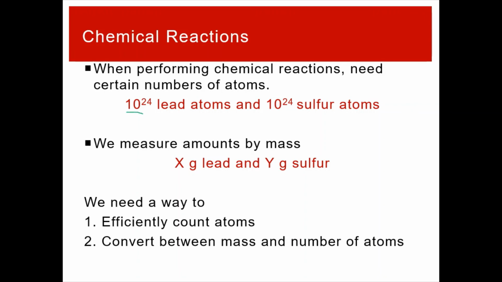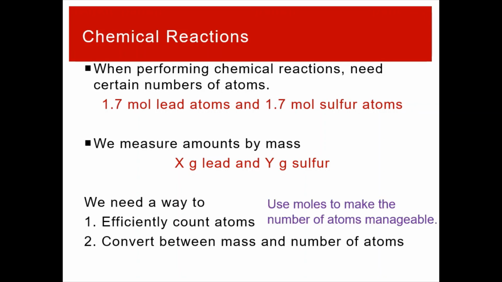So instead, we count by groups. That's where the mole comes in. Right now, we're dealing with amounts. It's 1.7. That's an idea you can think about. You may not currently know what 1 mole of lead atoms looks like, but if we at least assume that 1 mole is a reasonable amount, the amount we're used to dealing with, then we can at least say that 1.7, that's not a ton of lead.